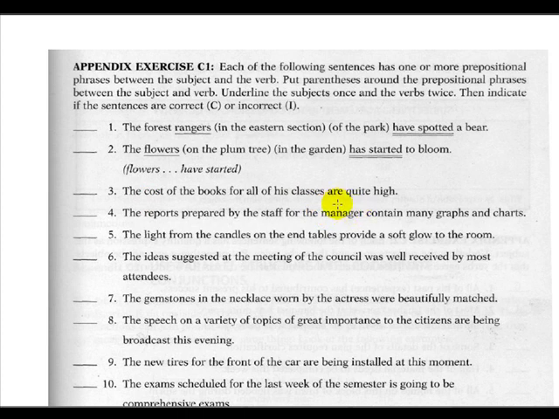Then the verb is are quite high. And we would say that is not correct. Since cost is singular, this should be is. The prepositional phrases then are of the books and for all his classes.